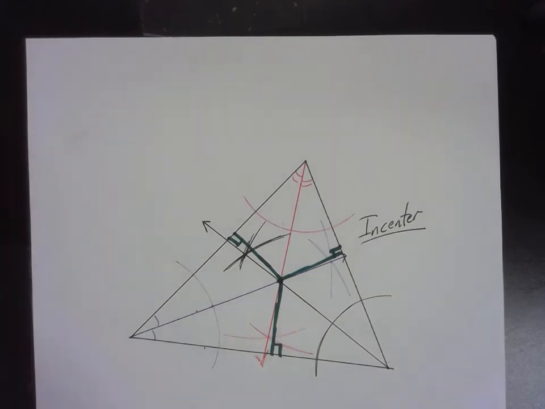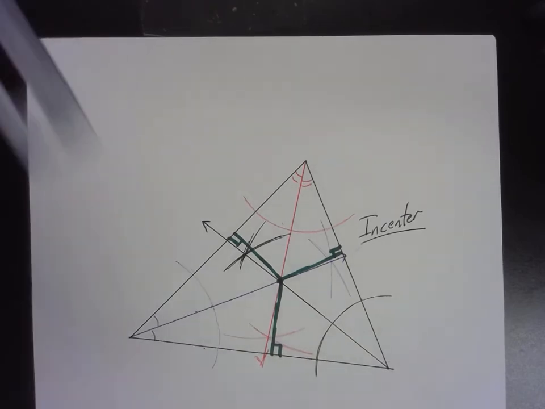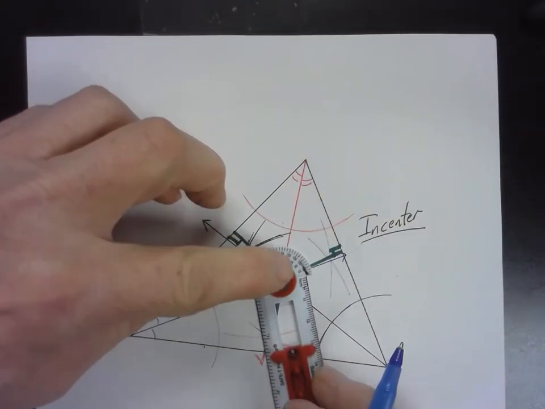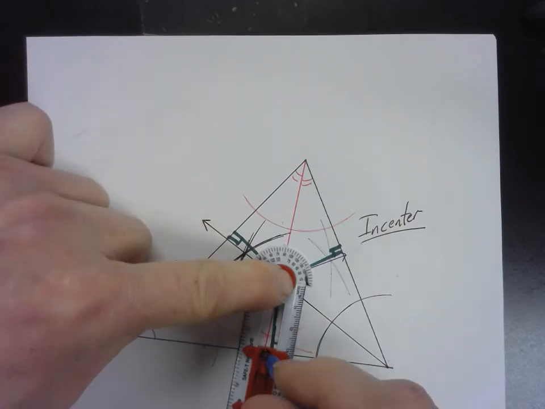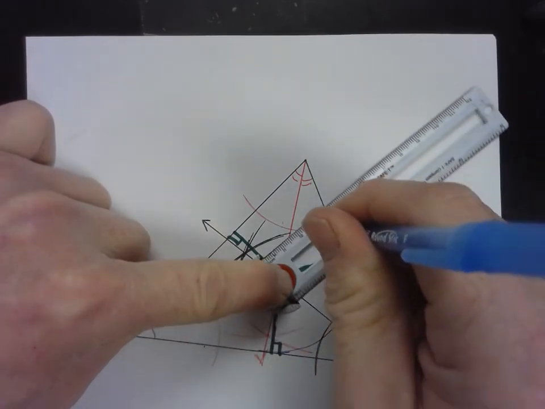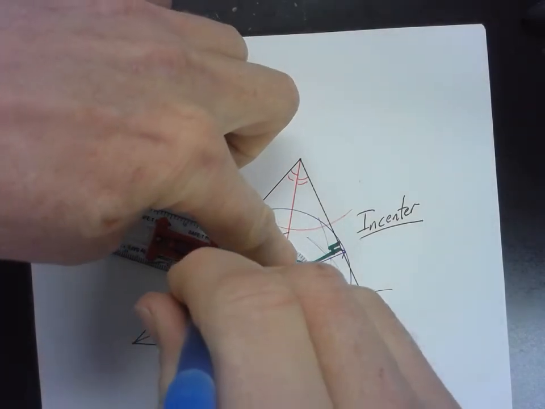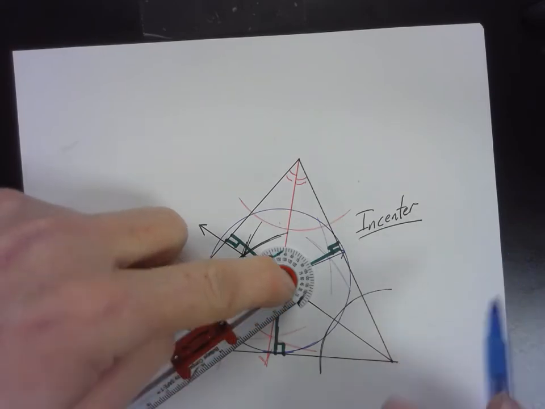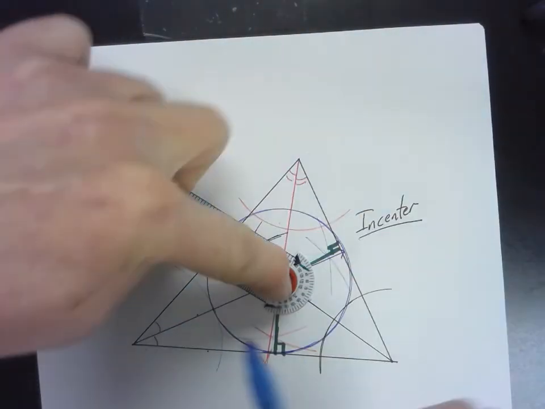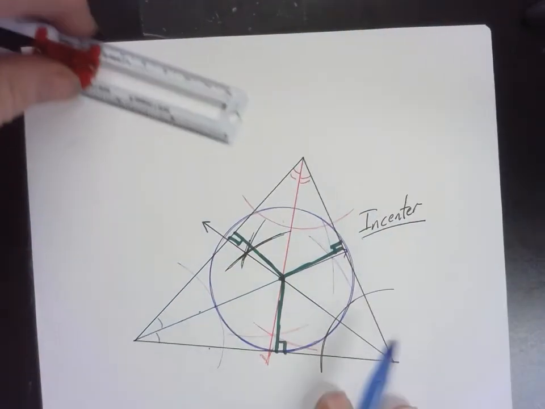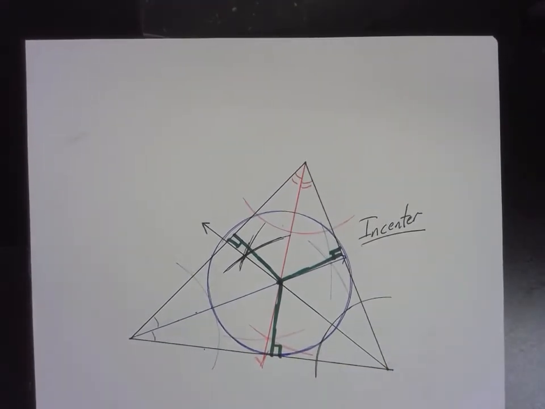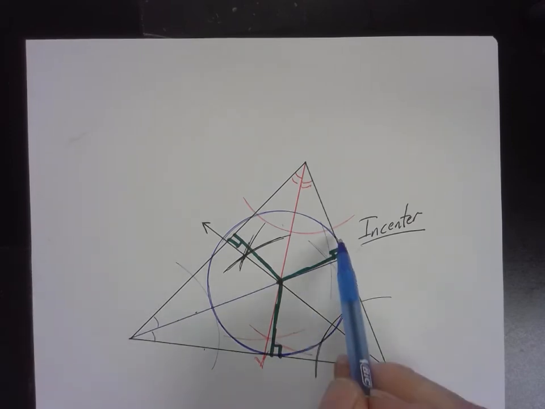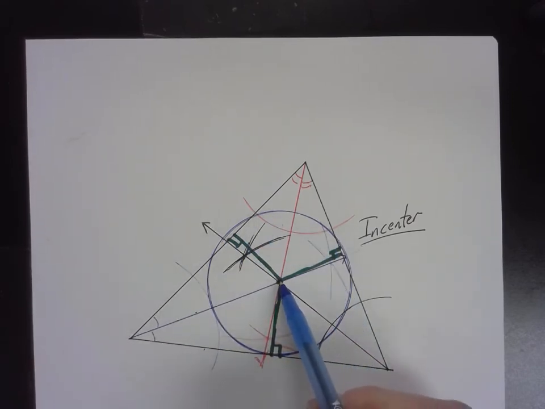Okay? I can't circumscribe this triangle from that point, but I can inscribe a circle. So if we want to inscribe a circle in a triangle, then we find the incenter.